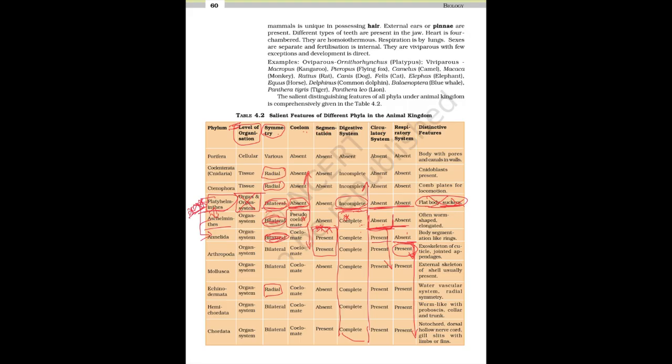I can give the options Platyhelminthes, Aschelminthes, and Annelida, and option D, all of the above. So the answer is all of the above, because respiratory system is absent in all three of them. After that, in Arthropoda, respiratory system is developed. So you can say respiratory system is the most advanced system right now, because this is a development of animals. Organ system level is increasing, so respiratory system is developed later in phylum Arthropoda.